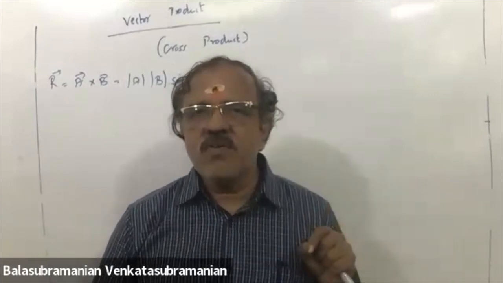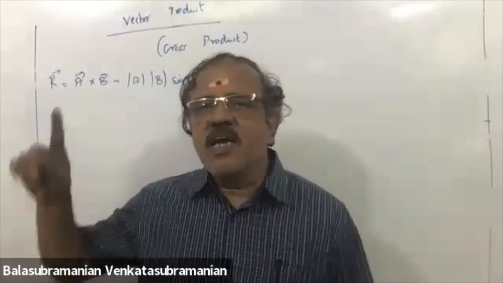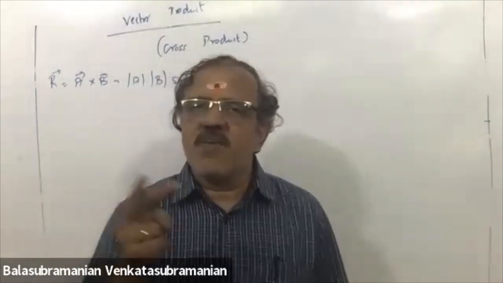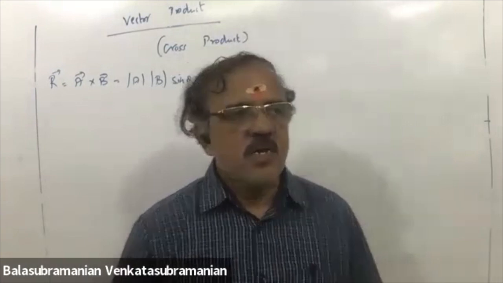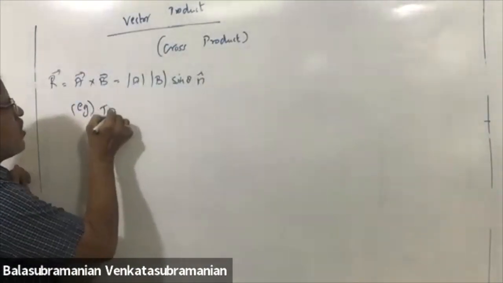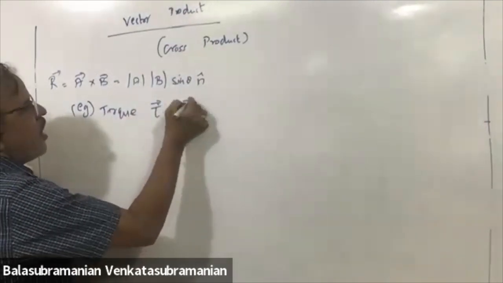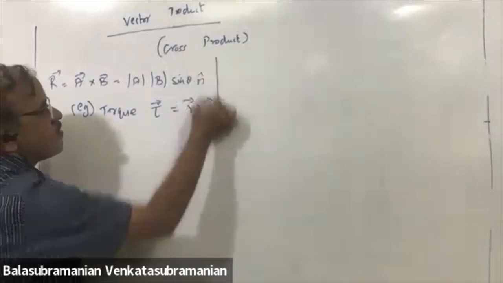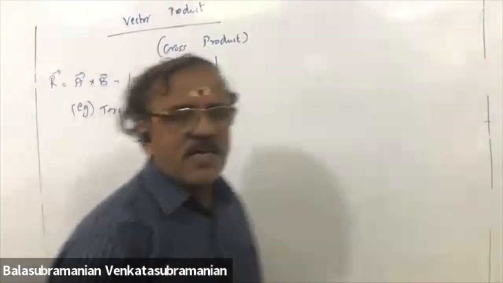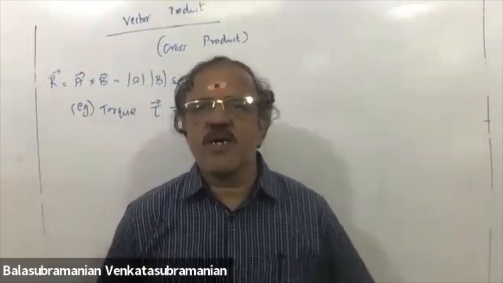So in scalar product, the resultant is a scalar. In vector product, the resultant is a vector. Example, torque. Torque is a vector quantity. R cross F, where R is the displacement and F is the force. Both are vector quantities.